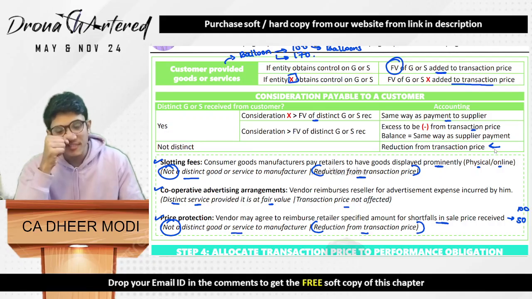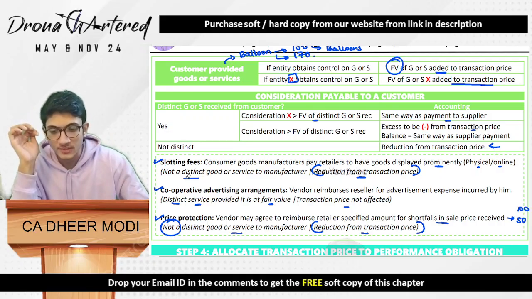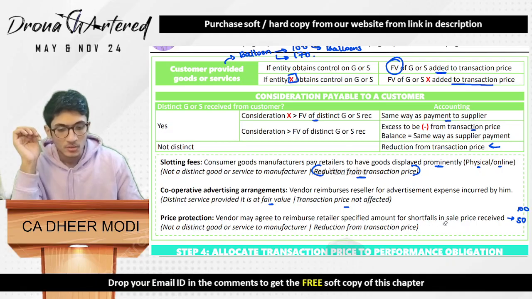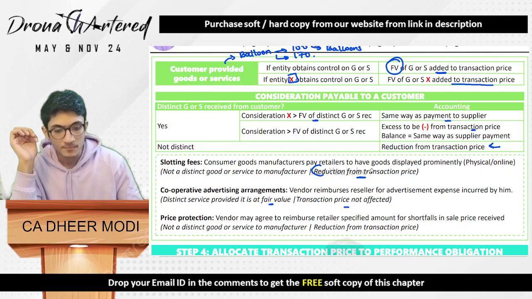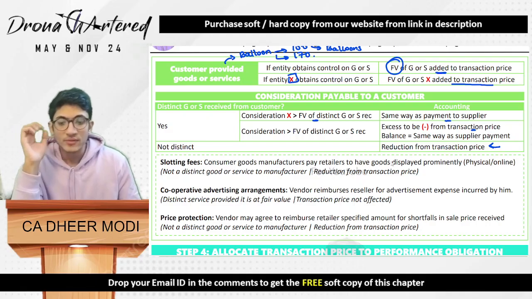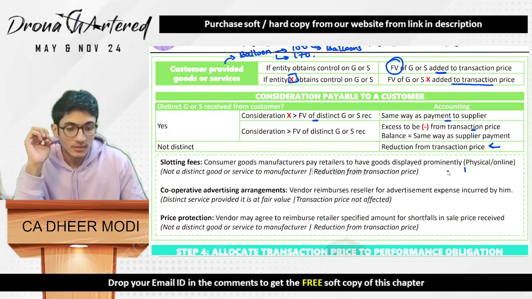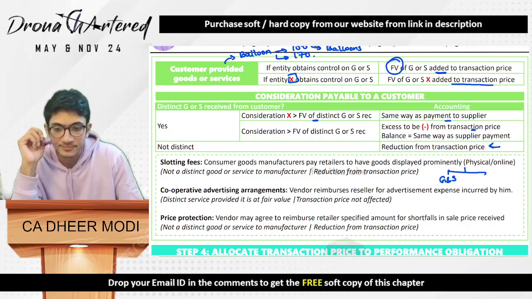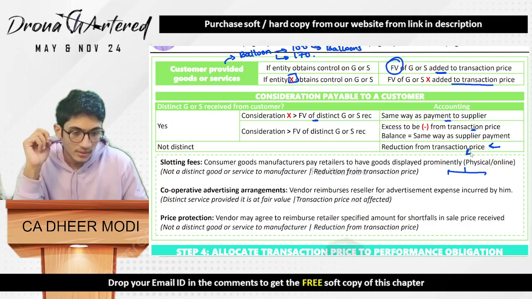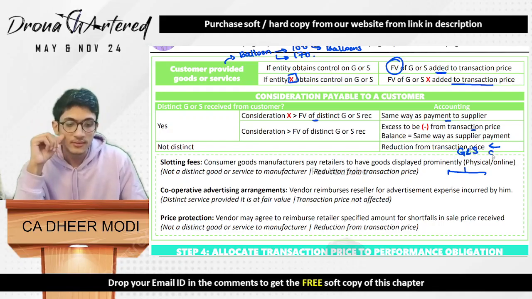So basically, if you have to make a chart of this, let me erase this so that it is easier to read. Okay. So if you have to make a chart out of this, first is whether your good or service is distinct.